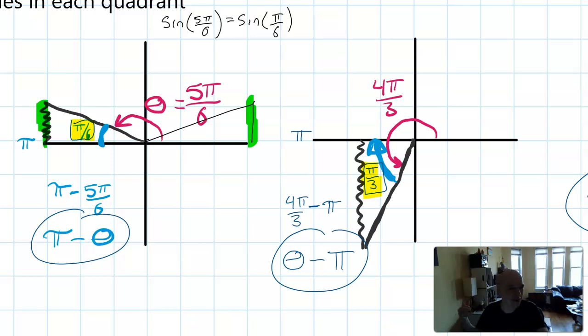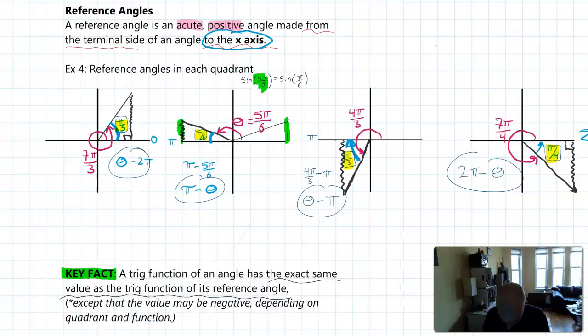And so if you've been calculating trig using triangles, which is how I think you should do it instead of memorizing, you've already been using reference triangles a whole lot.